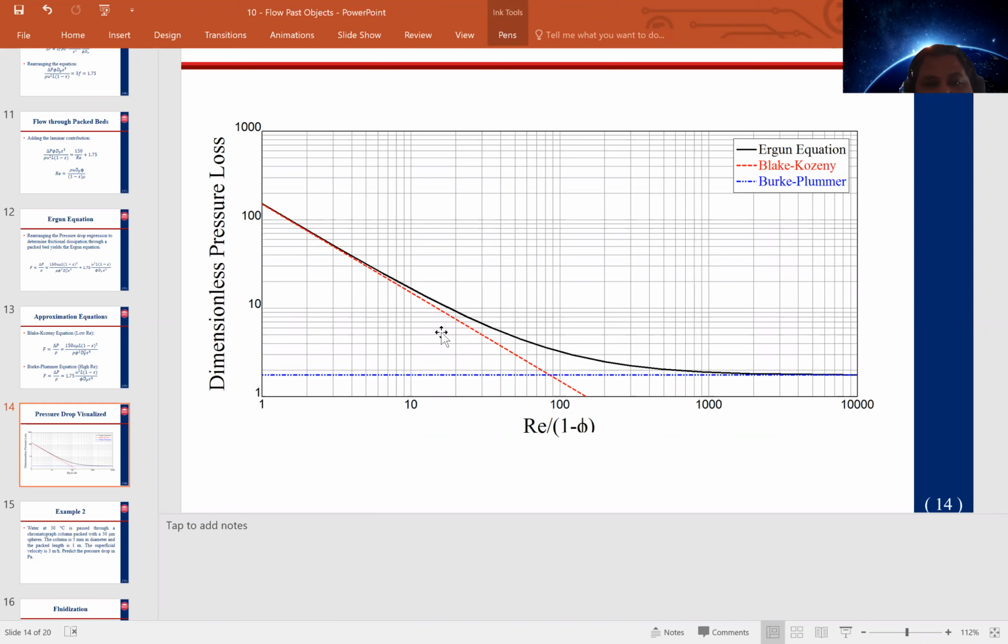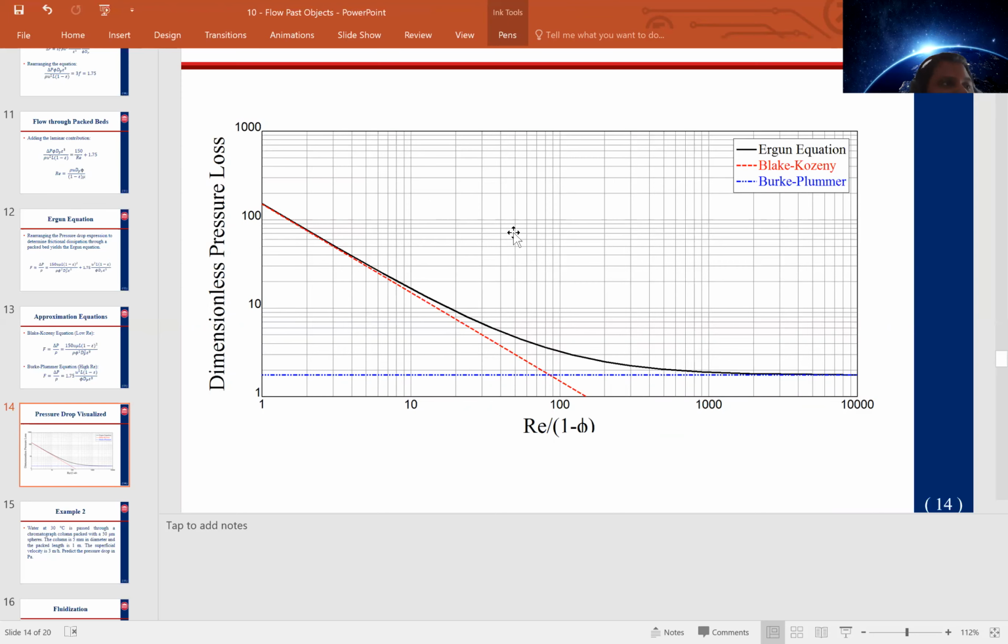It's actually really not linear. It just looks like that because it's a log plot. But you can see essentially the Blake-Kozeny approximation and the values it provides, as well as the Burke-Plummer, as well as how the Ergun equation is able to describe flow at all Reynolds numbers.